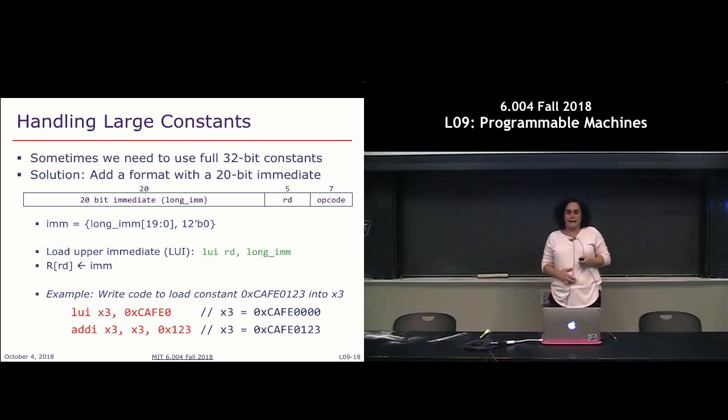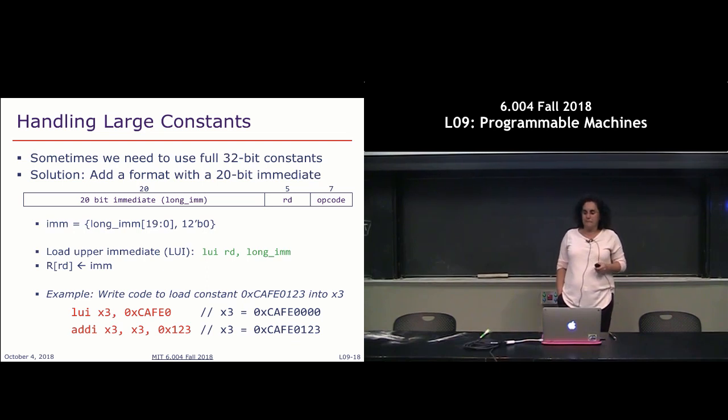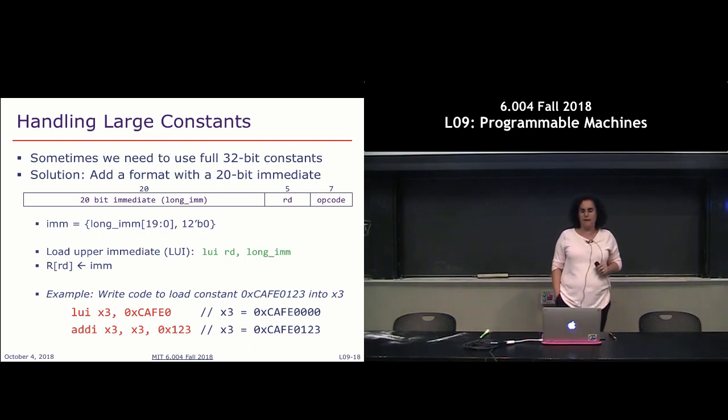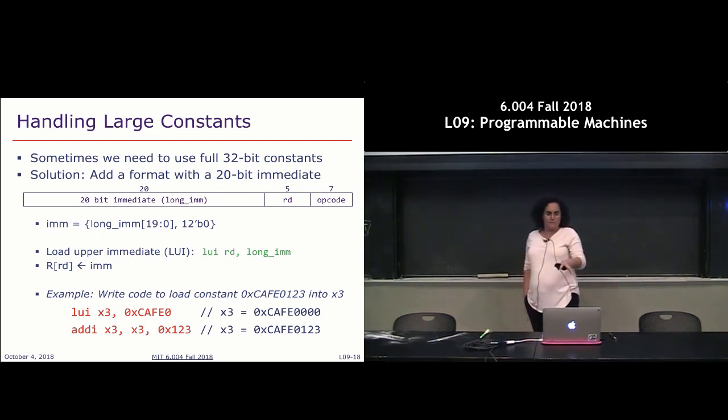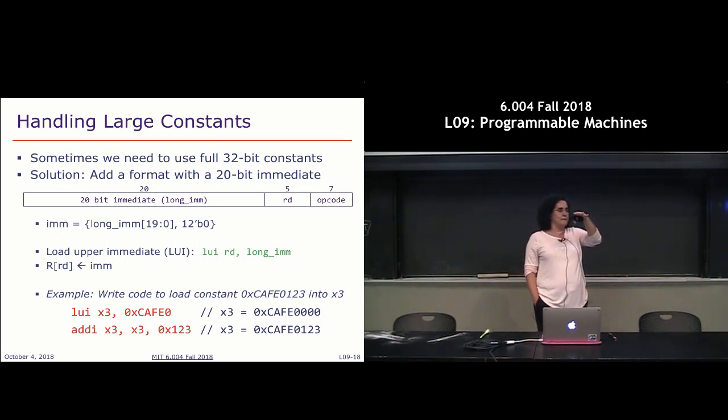So let's take a look at an example of how I would load some large 32-bit constant into a register using this load upper immediate instruction, which can handle a 20-bit constant. Specifically, let's say I want to load this cafe 0123 into my register X3. I'd have to split it into 2 operations. The first would be load upper immediate of my 20-bit constant, which is the top 20 bits of the value I'm trying to load, which is cafe 0.